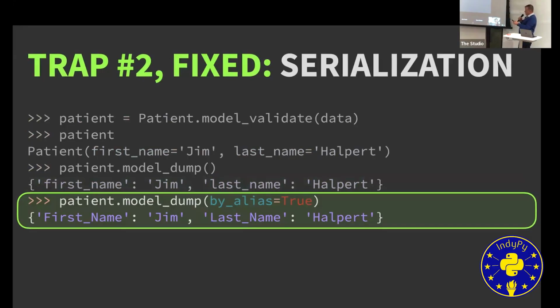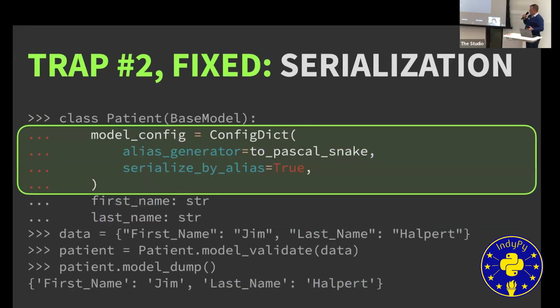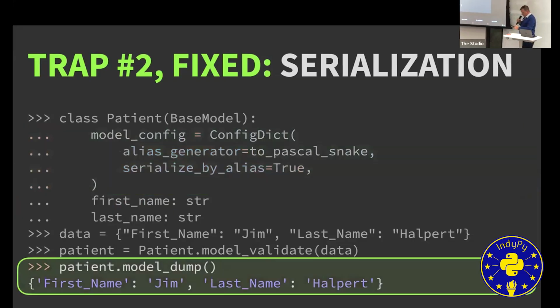We can do that at the function level, or as we've seen previously, we can set it at the model level by setting this serialize by alias to true. So now we can safely serialize and get the results that we want with the Pascal snake case in the output and avoid that gotcha.